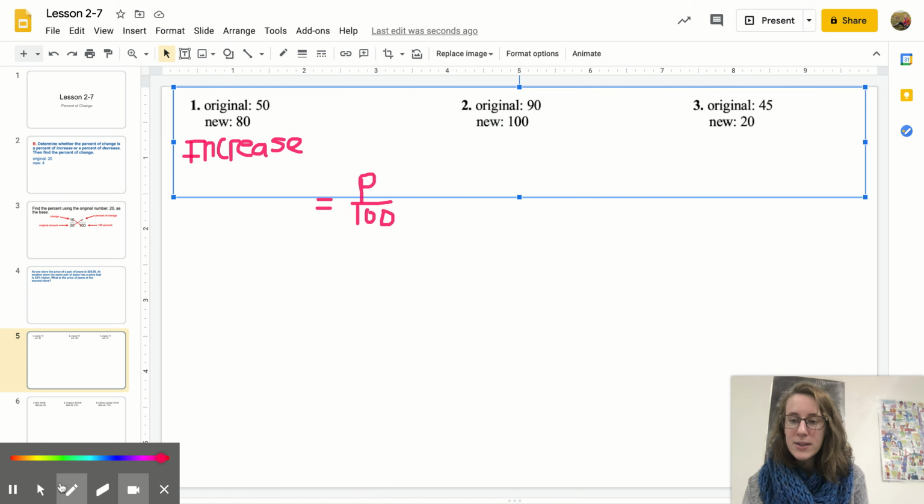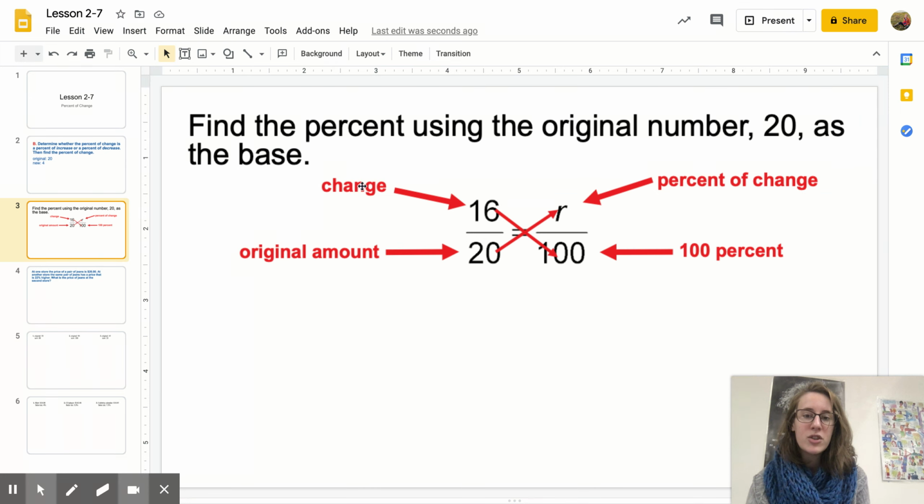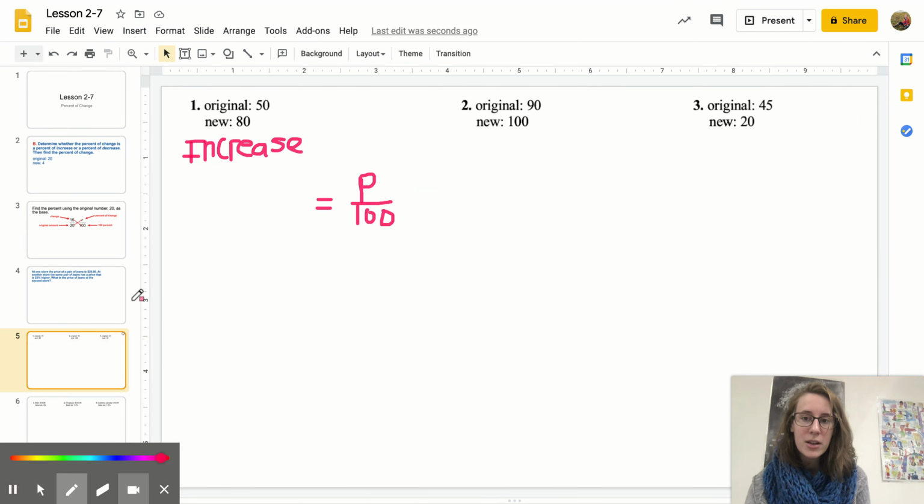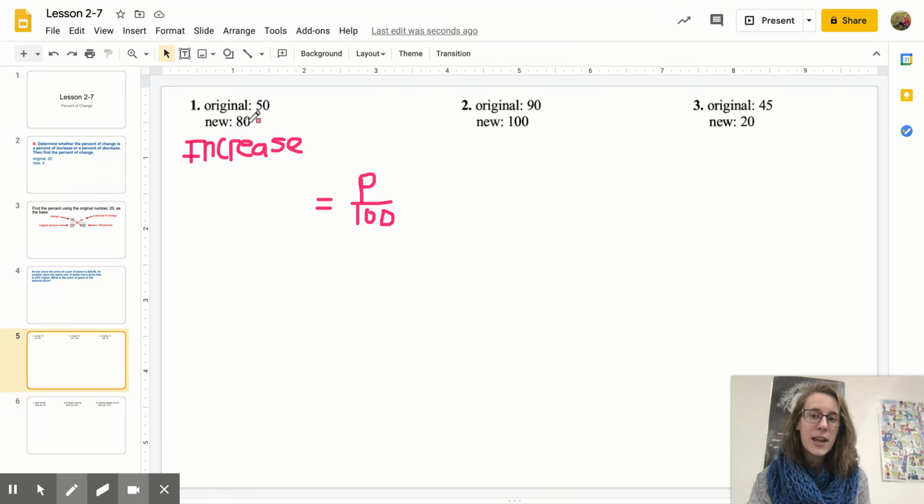Then, if we look back at our notes from before, I want my change over the original amount. So my change, I need to figure out. I have 80 and 50. From 50 to 80, I have changed 30. If you cannot do one of these in your head, you just do the bigger number minus the smaller number.